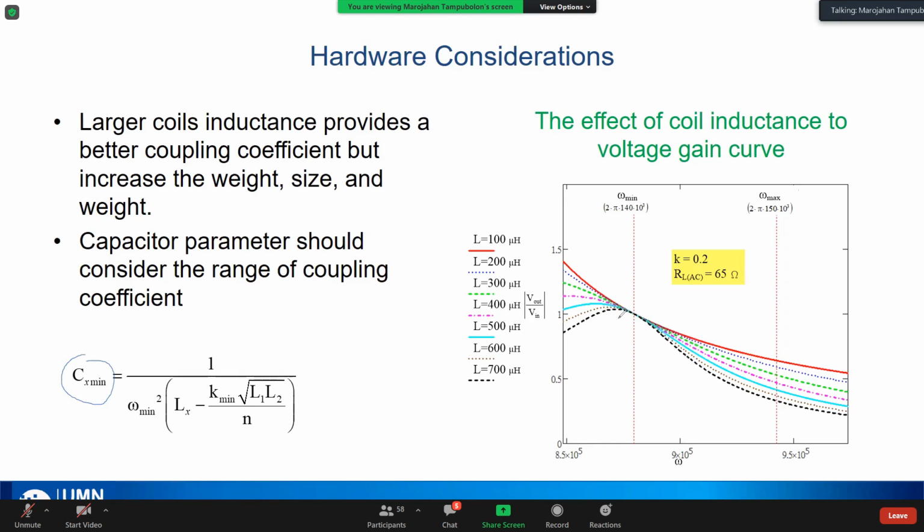As we can see, if we have a larger L here, the voltage gain will be more sensitive. You can see we have a steeper ratio here compared to using 100. So that again depends on the design and the requirements. Okay.